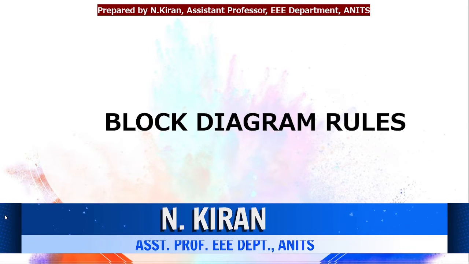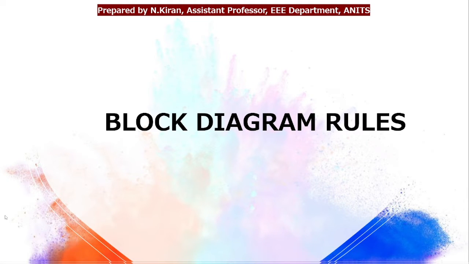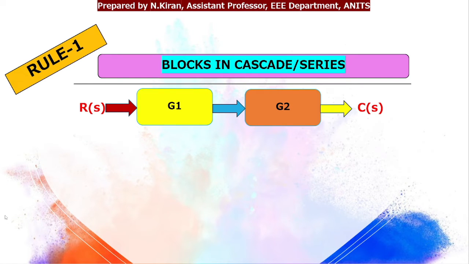Next, we are going to discuss the rules that we need to implement in block diagram reduction technique. One must remember that the expression for C of S must remain same before and after applying the rule. The first rule is blocks in cascade, either in cascade or in series.